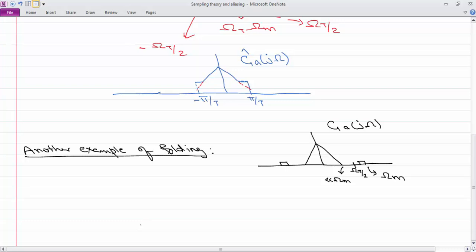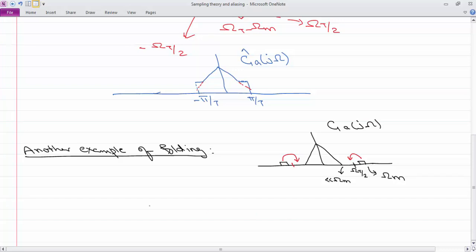Now the folding will only be the piece that is outside the omega_s by 2 region, and it will fold back inside that region, and your new shape, depending upon what your value of omega_s by 2 was, this piece will fold back and maybe appear. This piece will fold back here. This piece will fold back here.